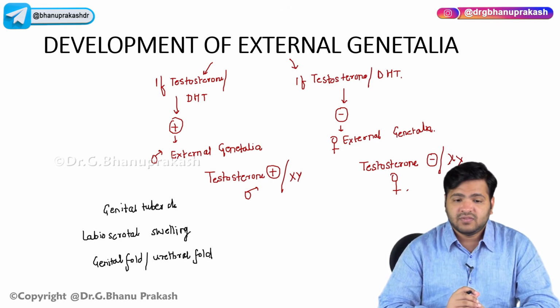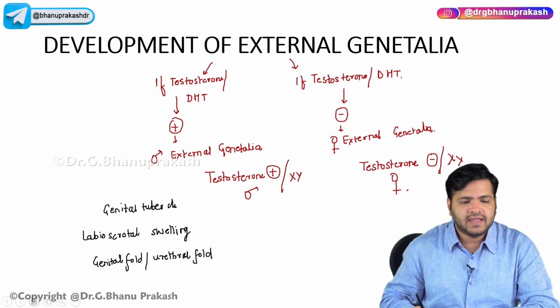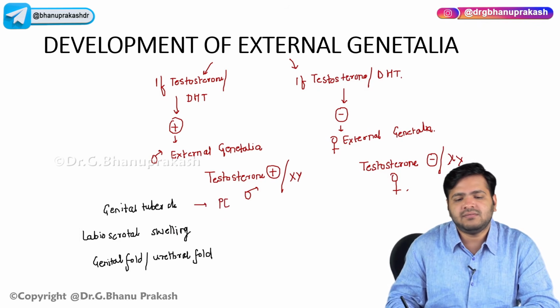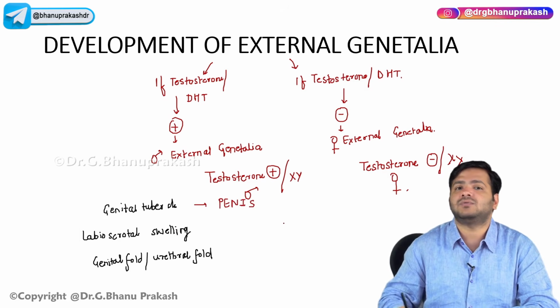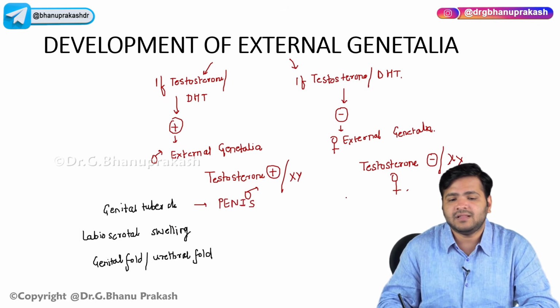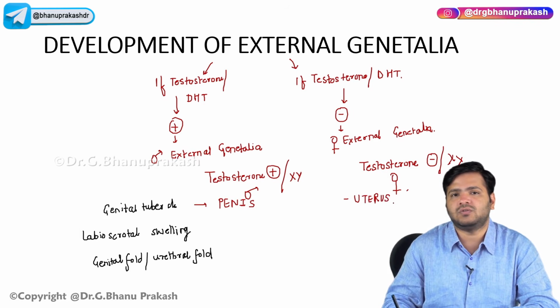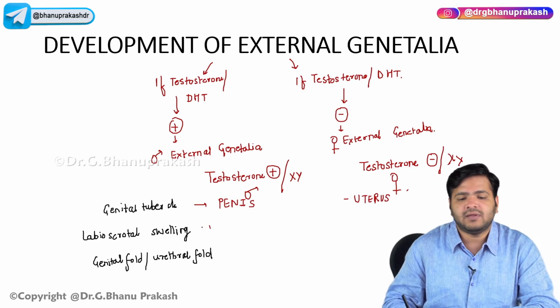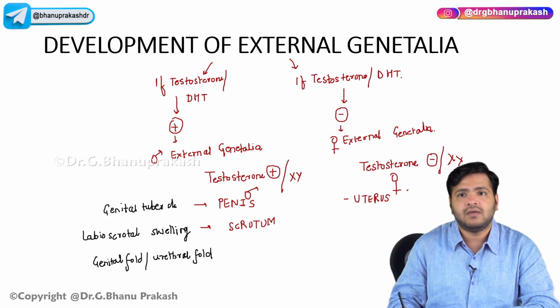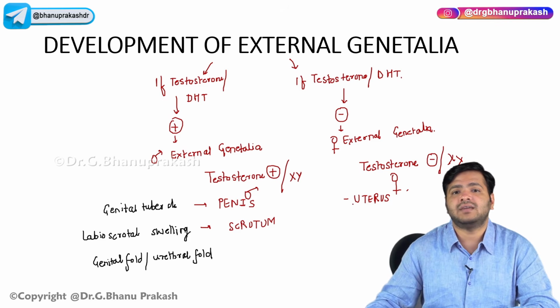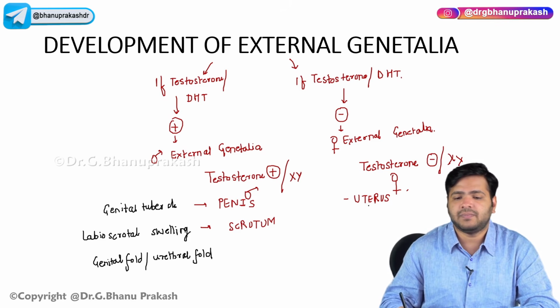Now the genital tubercle in males will give rise to the penis, whereas in females it will give rise to the clitoris. The labioscrotal swelling in males, as the name suggests, gives rise to the scrotum, whereas in females it will give rise to the labia majora.